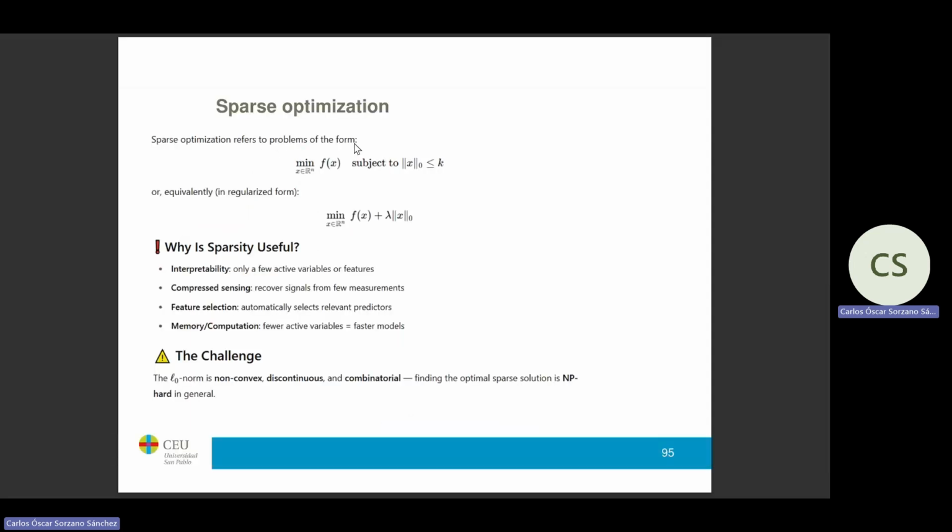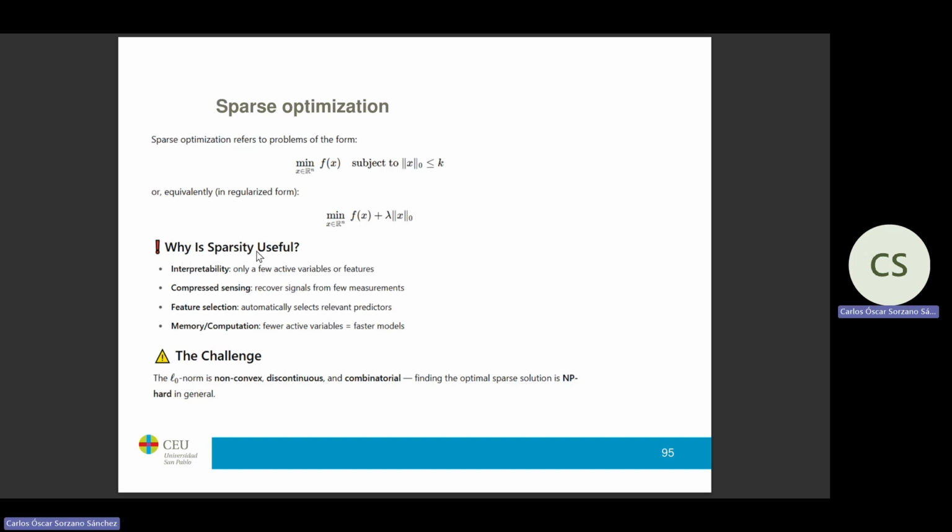Okay, so we want to minimize this using only k components of x. And if we put it as a regularization, it would be this goal function, and that is called a sparse optimization. So L1 promotes sparsity, but here the sparsity is explicitly stated.